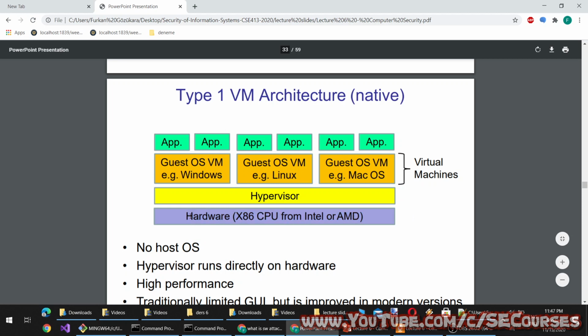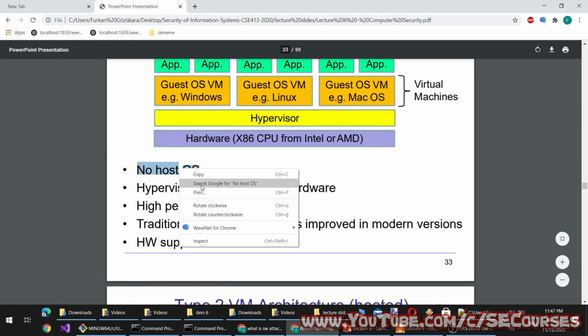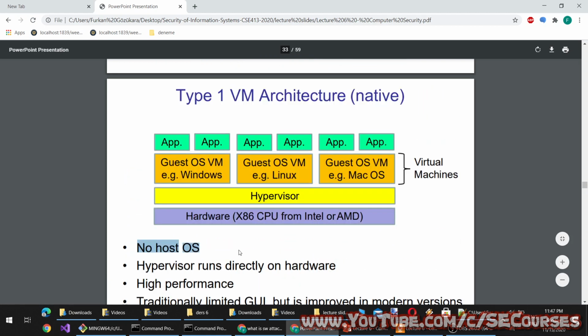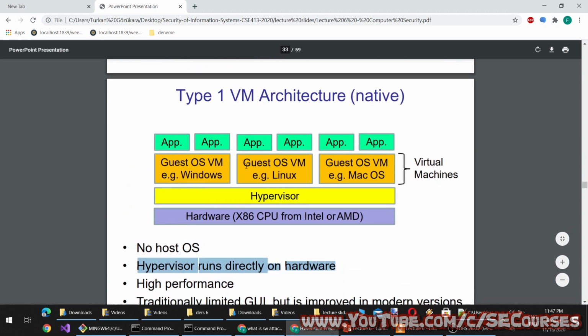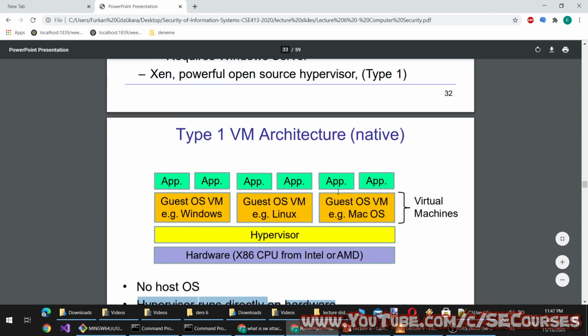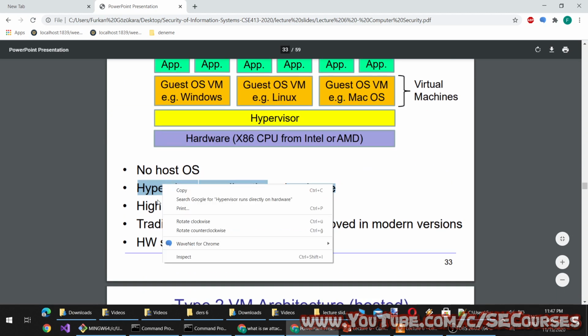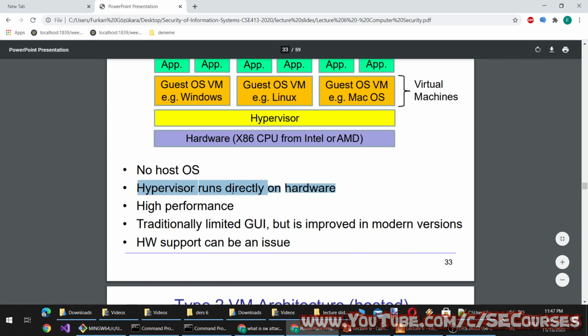So basically, hardware is the lowest level, hypervisor is the upper level, and there are virtual machines, and above them there are applications. No host OS. So you see, if you are running with a hypervisor native, the hypervisor runs directly on hardware. High performance. There is no hosting operating system for the hypervisor.